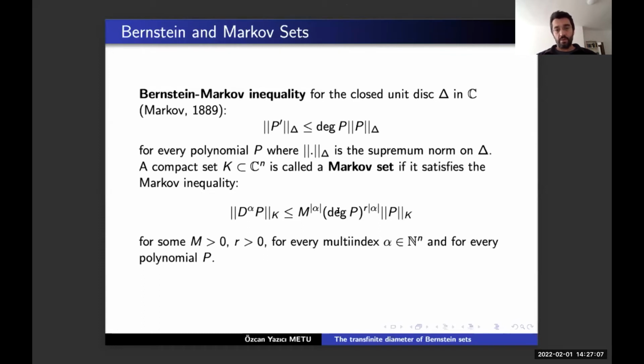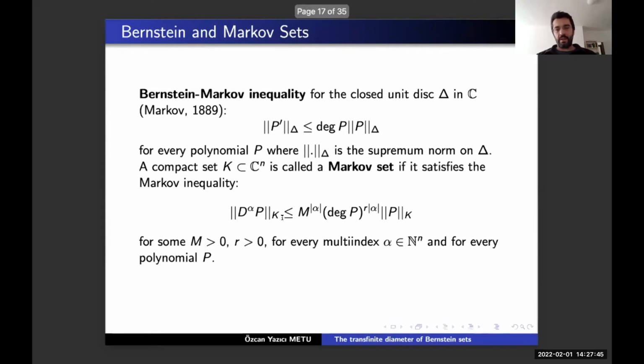On the right-hand side, we have a similar thing: as in the Bernstein-Markov inequality, we have the degree of p, to the power r, times the supremum over the compact set. There is an extra r here, and we will also talk about this. If this inequality holds for any polynomial, for some r and for any multi-index alpha, we say our compact set K is a Markov set.